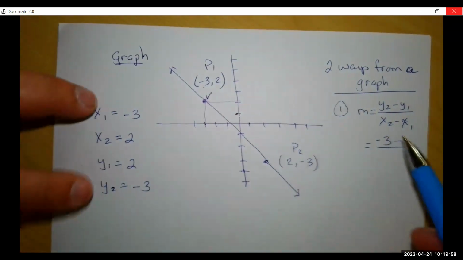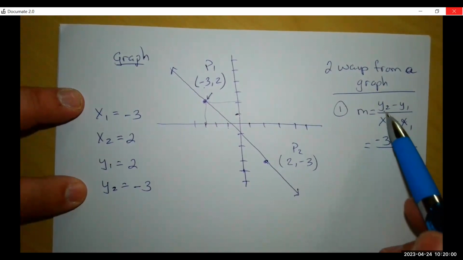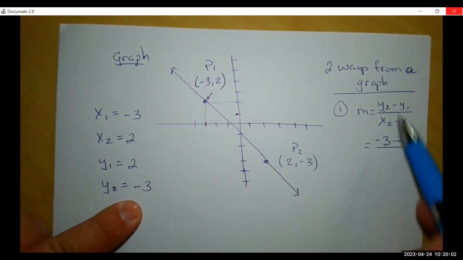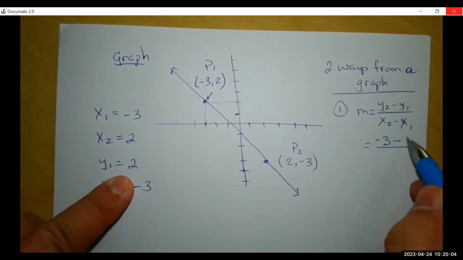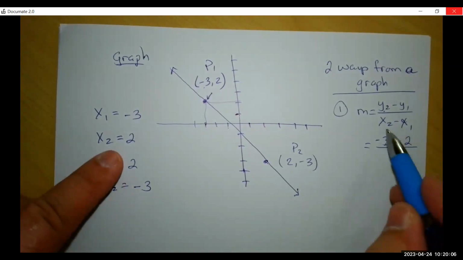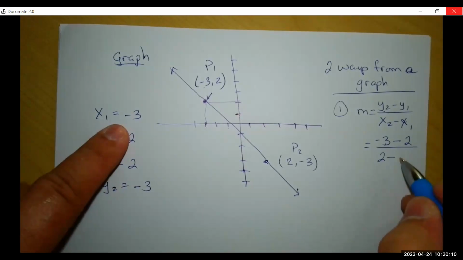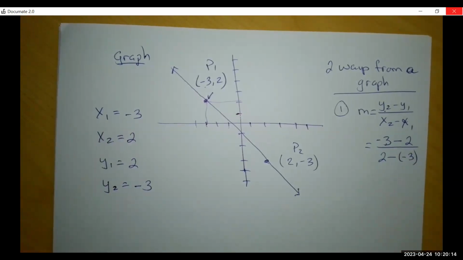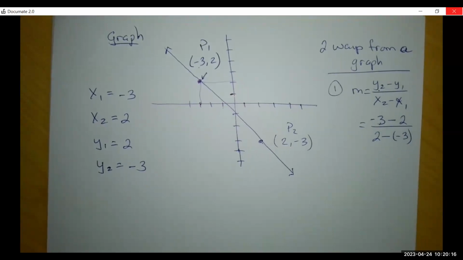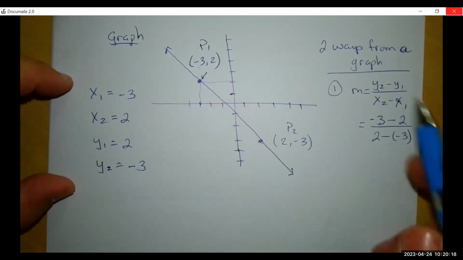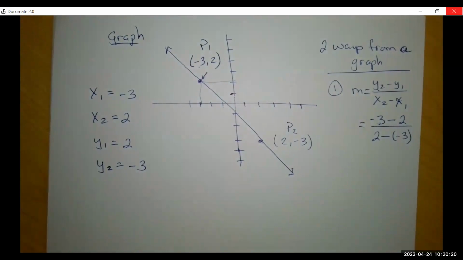So now all we have to do is look at this list. y2 was -3 minus y1, which is 2. x2 is 2 minus -3. That's it. Once you have these labeled and you have the equation, it's just plug and play. There's not much more to do.